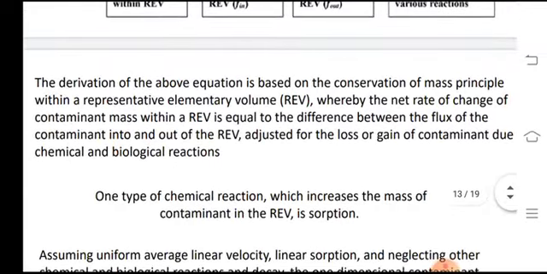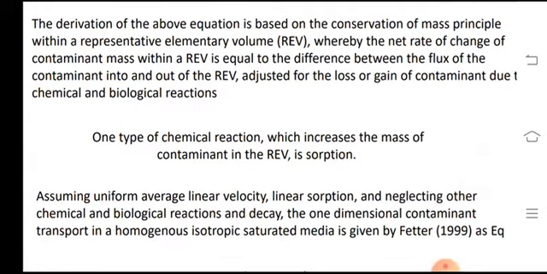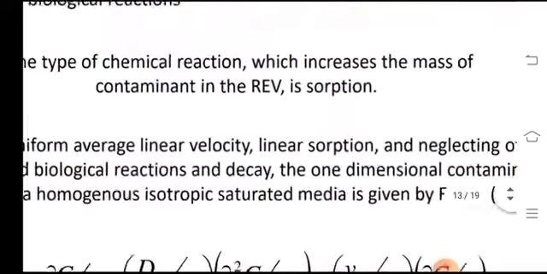and based on this we will be having very typical phenomena. One type of chemical reaction which increases the mass of contaminant in the REV is sorption. How can you explain this?